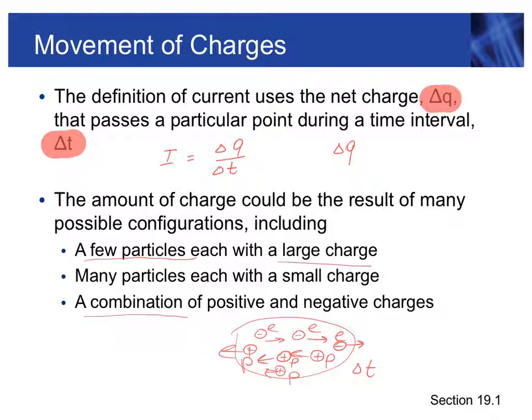You should realize that current, even though defined as a motion of positive net charge, could be created by the motion of negatively charged particles or positively charged particles. As soon as charge is moving somewhere, we have electrical current.